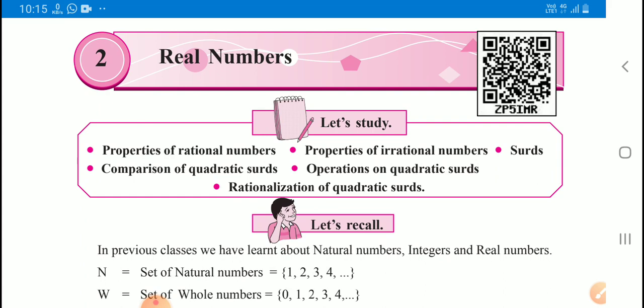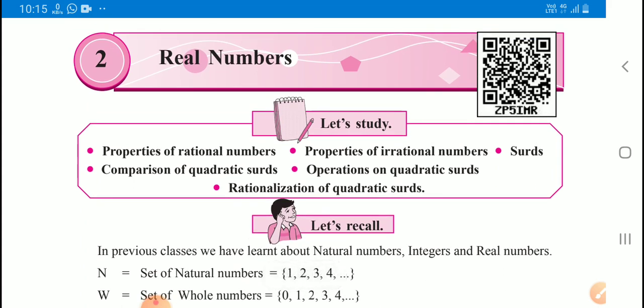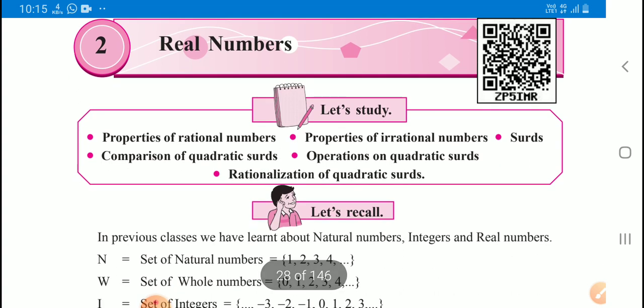Okay. Natural numbers, you know it very well. Natural numbers start from 1: 1, 2, 3, 4 and so on. Whole numbers means 0 and all the natural numbers. Then next to that are integers.